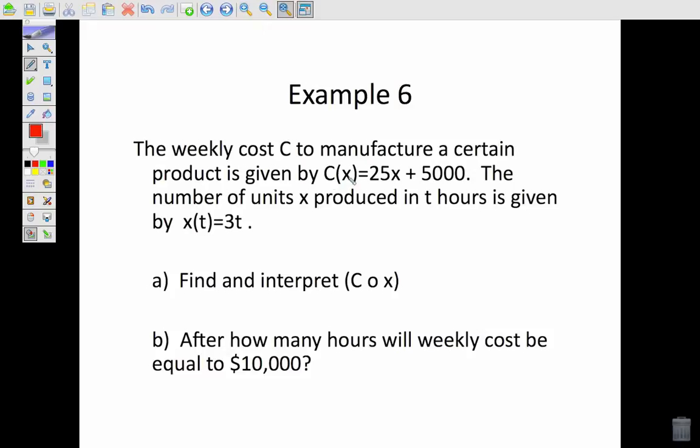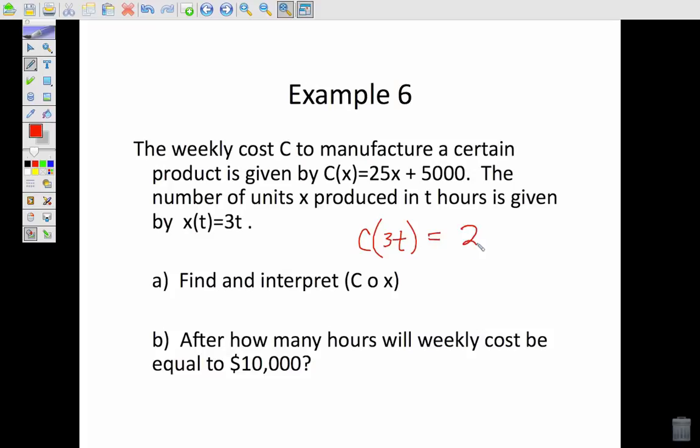All right, last example here, we've got an application problem. It says the weekly cost of manufacturing a certain product is given by C of x, 25x plus 5,000. The number of units x produced in t hours is given by x of t is 3t. Find and interpret C of x of t.